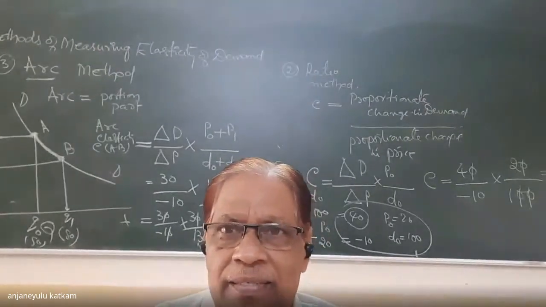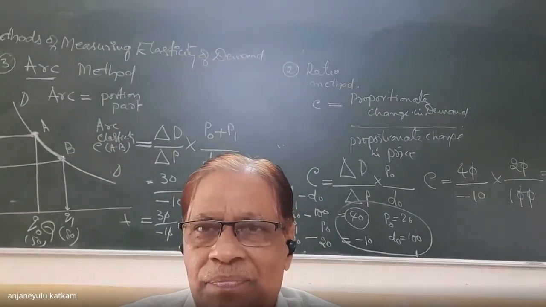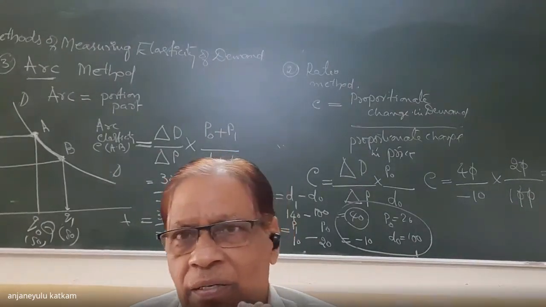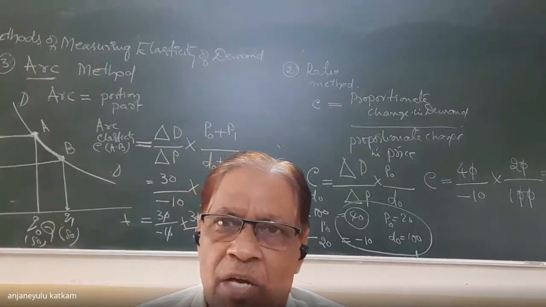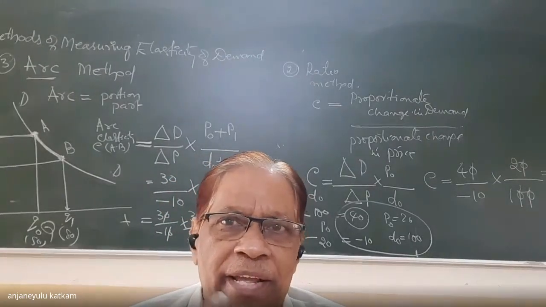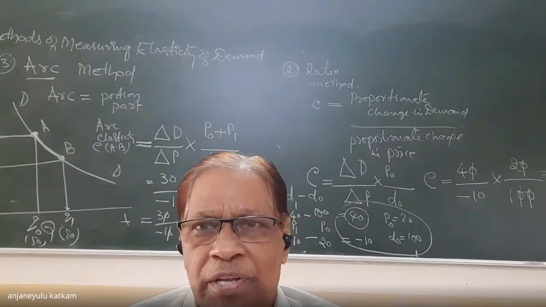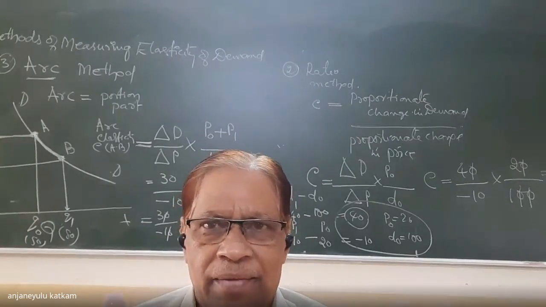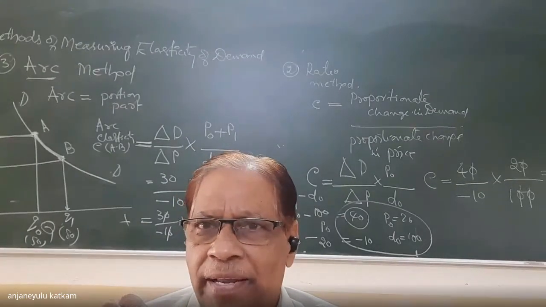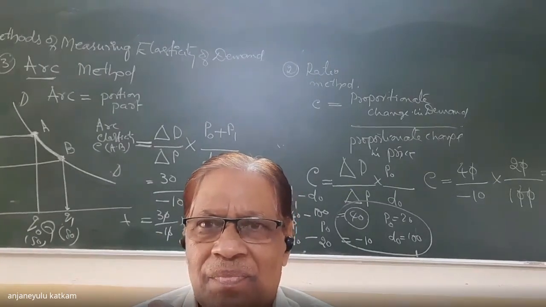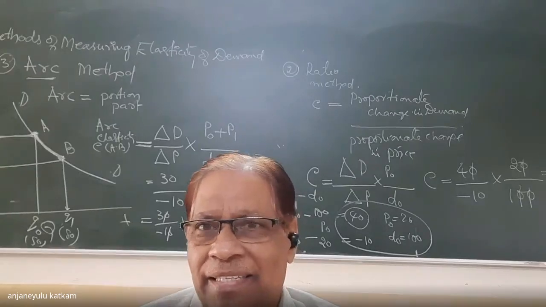One is the nature of the commodity. The nature of the commodity will bring that type of elasticity. If you take essential commodities like salt, the food grains which we consume every day, for all these essential commodities the elasticity is very less. It is relative inelasticity.